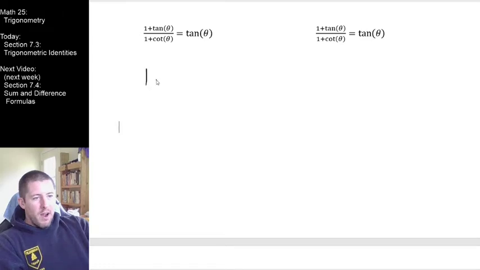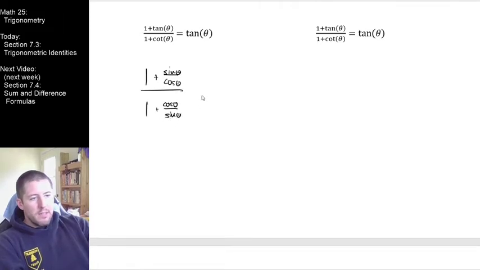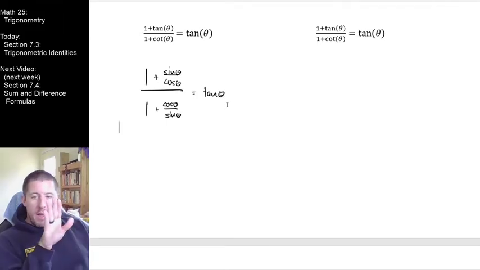I'm going to get for my numerator now 1 plus sine theta over cosine theta, because that's tangent, divided by 1 plus cosine theta over sine theta, because that's cotangent. On the right, I've still just got tangent. I'm never allowed to manipulate the other side once I've picked a side to manipulate.